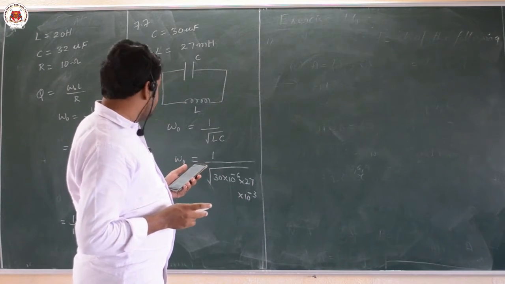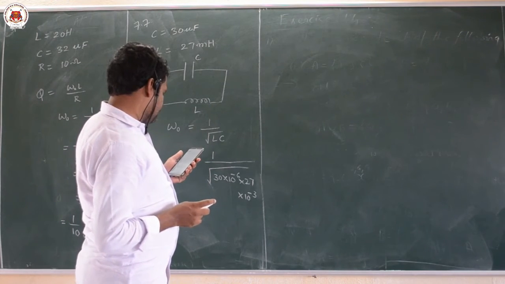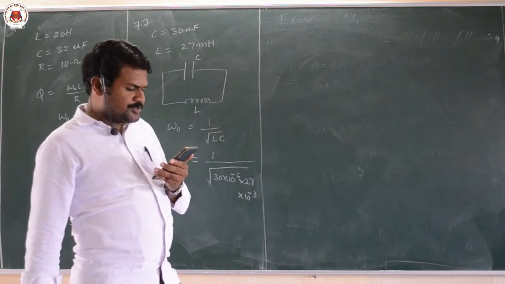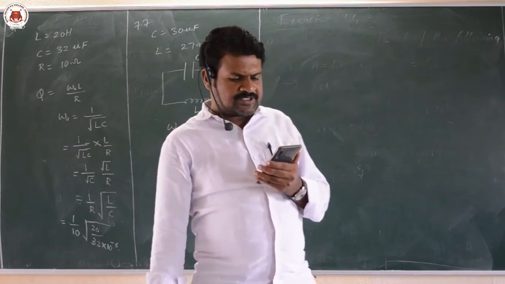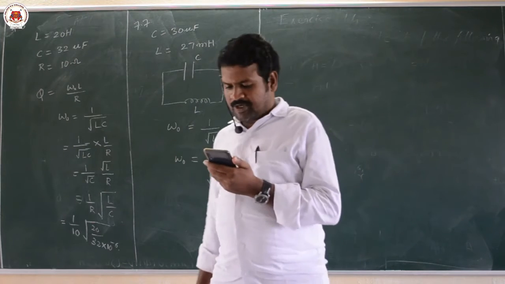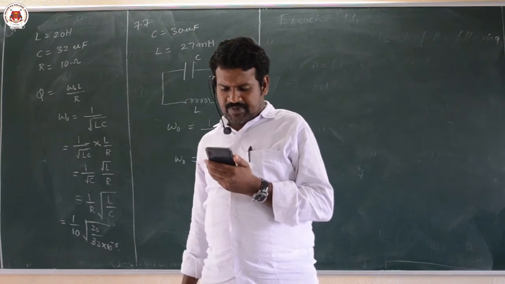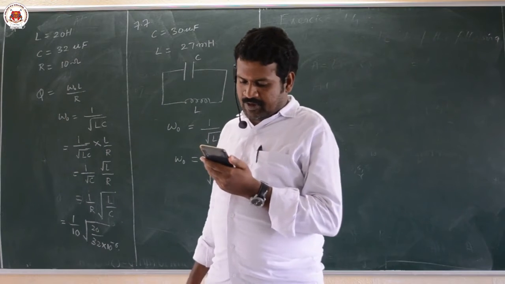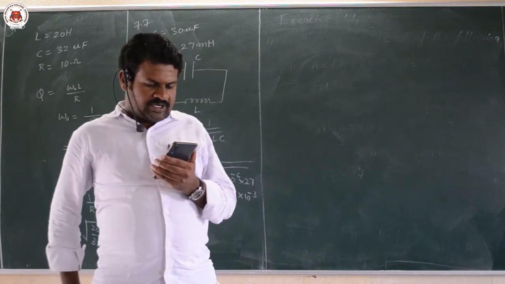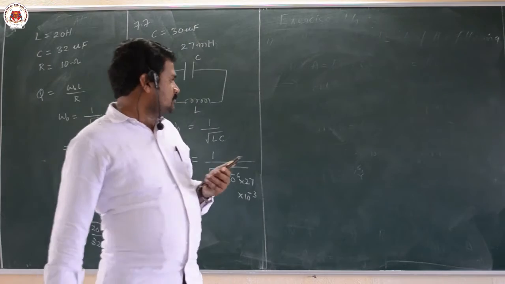Next question is 7.8. Suppose the initial charge on the capacitor in exercise 7.7 is 6 millicoulomb. What is the total energy stored in the circuit initially? What is the total energy at a later time?